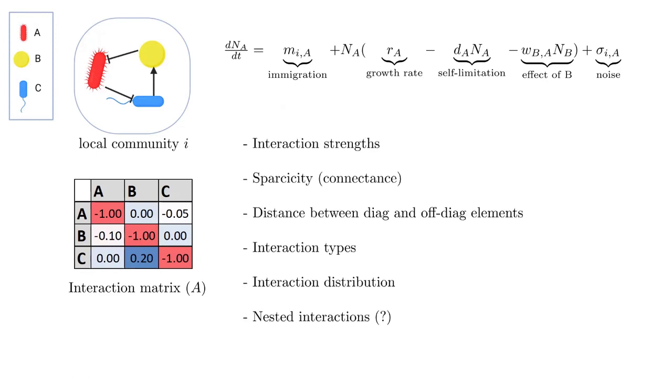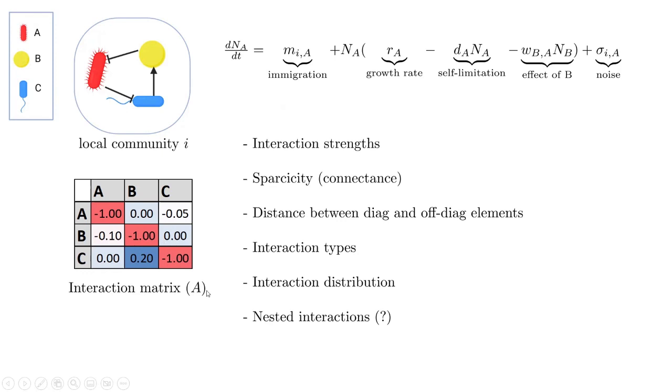In the interaction matrix, you can think of several things. It's simple, but you can complicate the structure. You can think of interaction strength. You can think of sparsity, so this would be the connectance: how many non-zero terms you have off the diagonal.